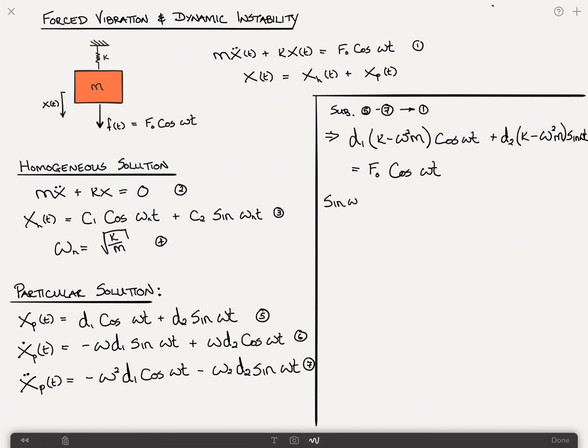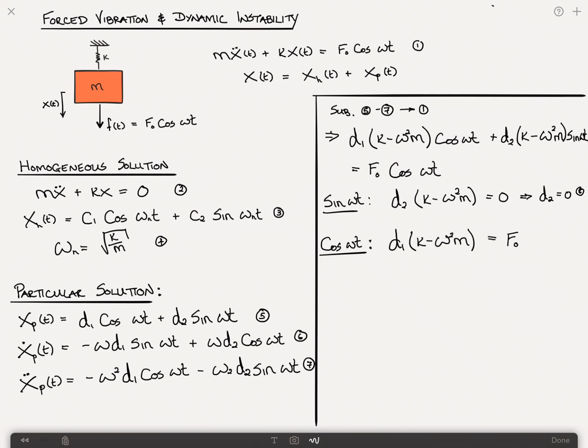If I look at the sine omega t term, on the left-hand side we have d2 (k minus omega squared m) is equal to 0. Well, this just implies that d2 is 0. That is equation 8. And similarly with the cosine omega t term, we find that d1 (k minus omega squared m) is equal to f sub 0, since we have a term with the cosine on the right.